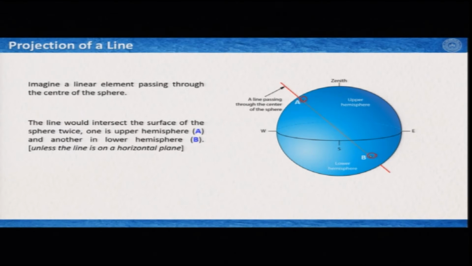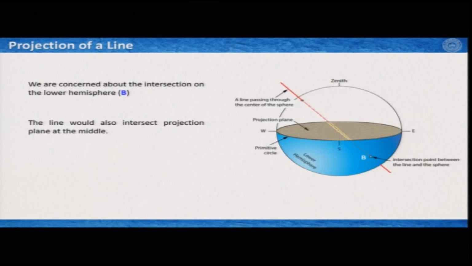Now, this is only possible if the line is inclined. If the line is horizontal, then it would probably lie on the equatorial plane, but that is not the case we are discussing here. Because we will be projecting on the lower hemisphere, we call it lower hemisphere projection. So, we will be concerned with only the point B.